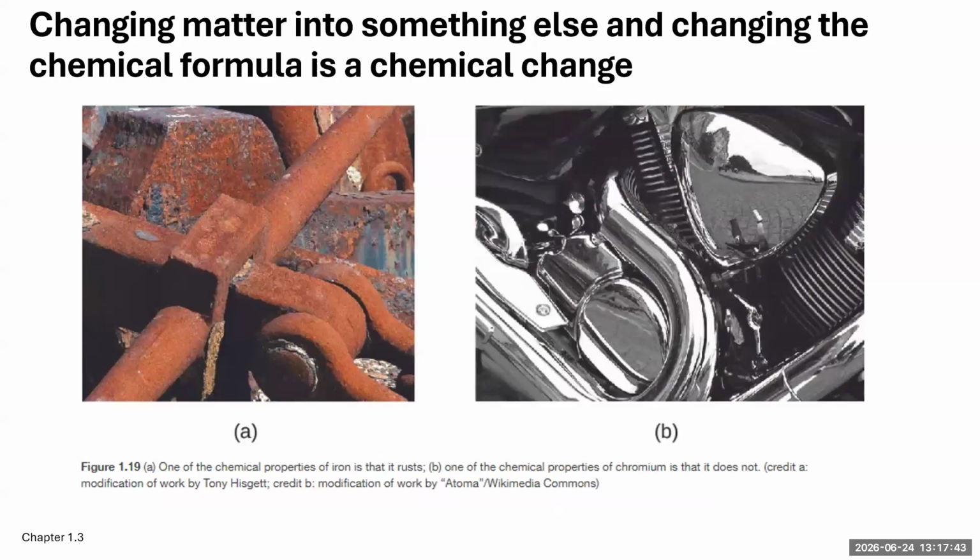When we change the chemical formula, we're changing matter into something else. So changing matter into something else and changing the chemical formula is a chemical change. So this was probably the metal before it started rusting. And then chemically, it turned into this rust.